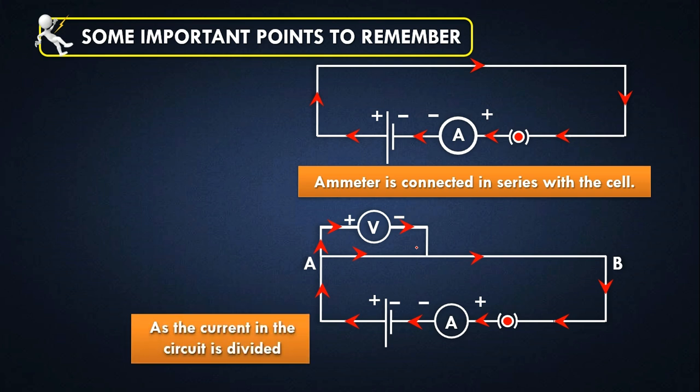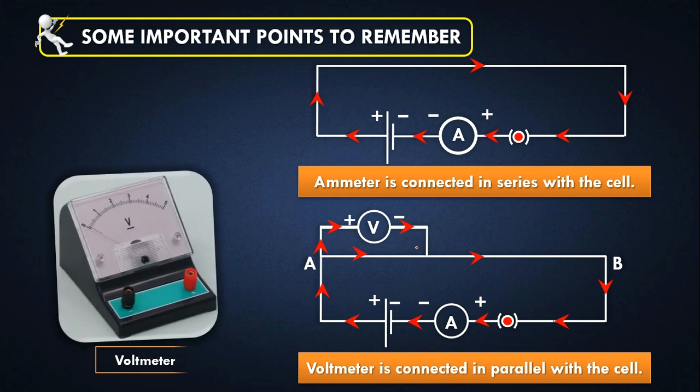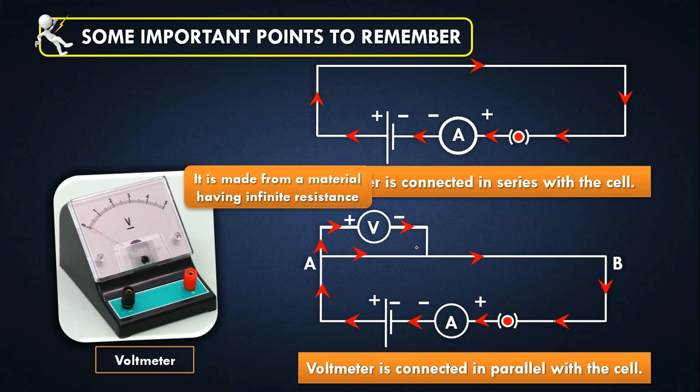As the current in the circuit is divided at point A, the voltmeter is always connected in parallel with the cell. Okay, this is a voltmeter symbol and it shows the deflection to see how much voltage is there in the circuit. Okay, it is made from a material having infinite resistance, so that it can oppose the complete current.